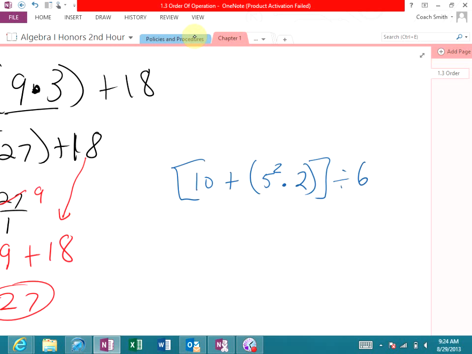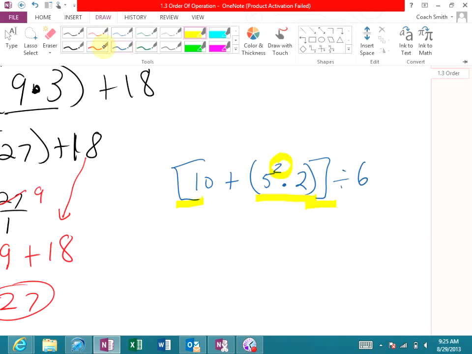Right. We've got to look at the bracket first. Then once we move inside the bracket, we have a parentheses. So once you go inside the parentheses, we have to do the exponent first. Okay? And so, Brandon, what is 5 squared? 25.